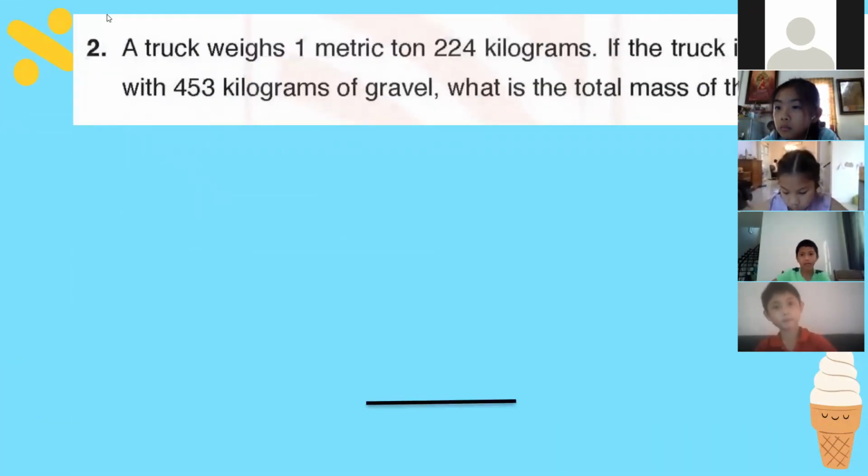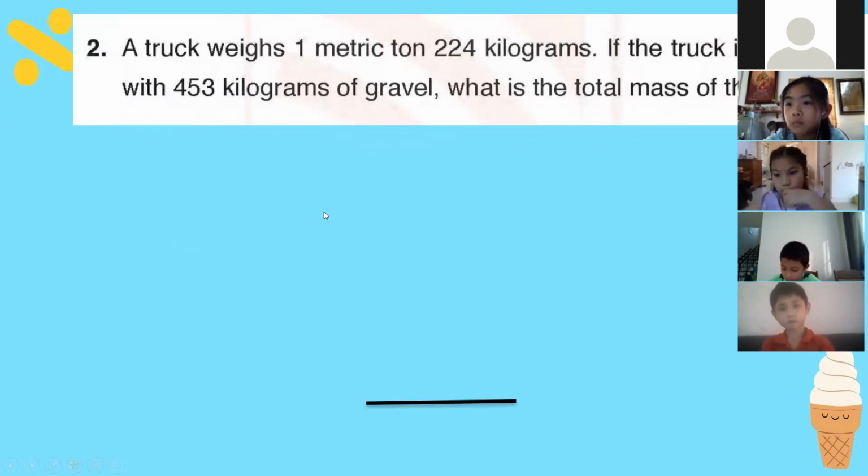Okay, let me read it since you only have very limited time. A truck weighs 1 metric ton and 224 kilogram. If the truck is loaded with 453 kilograms of gravel, what is the total mass of the truck?